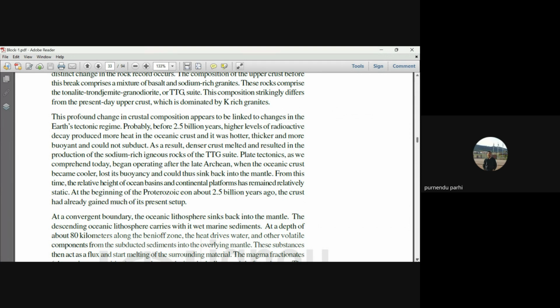Plate tectonics, as we comprehend today, began operating after the late Archean, when the oceanic crust became cooler, lost its buoyancy, and could thus sink back into the mantle. From this time, the relative height of the ocean basin and continental platform has remained relatively static. At the beginning of the Proterozoic eon, about 2.5 billion years ago, the crust had already gained much of its present setup.